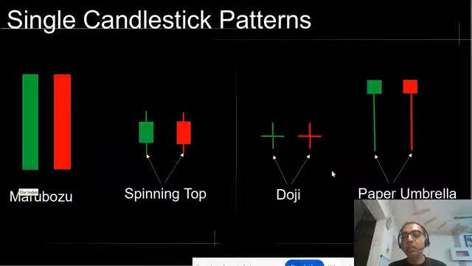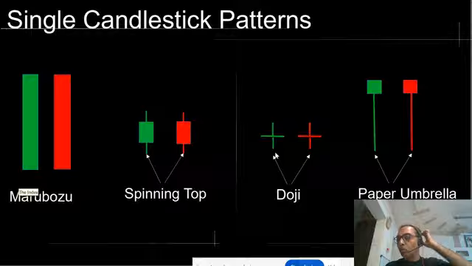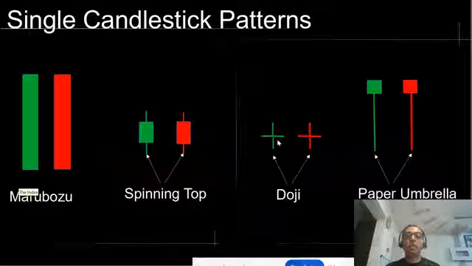This is an indecisive candle. This candle indicates that neither bulls or buyers, nor sellers or bears, are sure about the price movement, right? So bulls tried to push the price high but then failed. Then bears tried to push the price low but then failed, and eventually it closed somewhere in the middle, right?